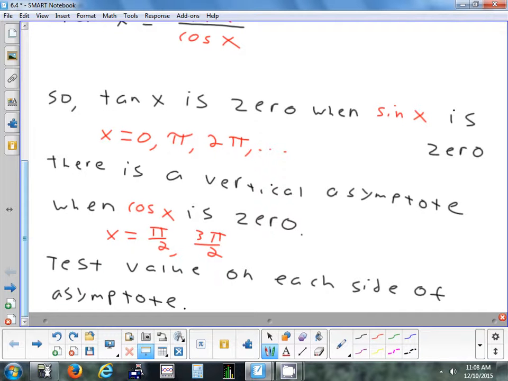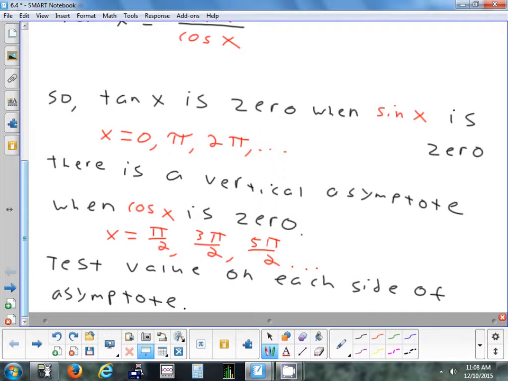And what's the difference between pi over 2 and 3 pi over 2? It's a difference of 2 pi over 2, or pi. So basically, we can add or subtract pi from pi over 2 as many times as you want, and you'll get more and more asymptotes. Generally when we sketch it, we're going to focus on one period of tangent.